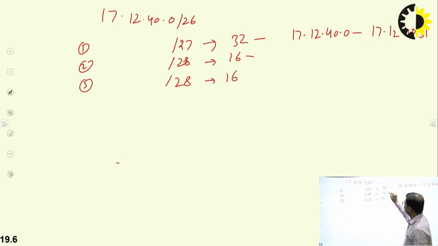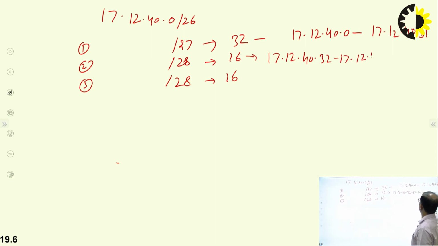Okay, the next address will be 17.12.40.32 to, with 16 addresses, it means 47. This will be the range.